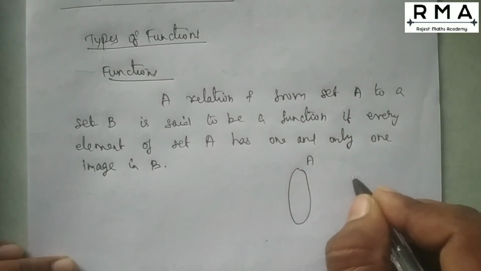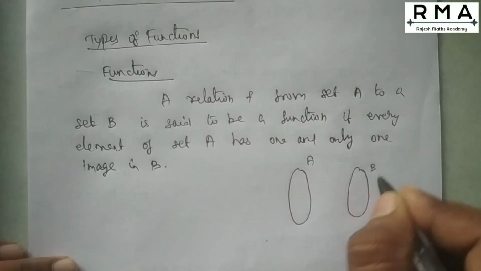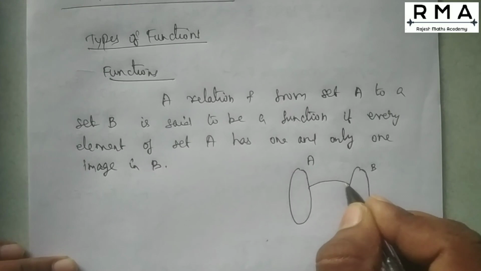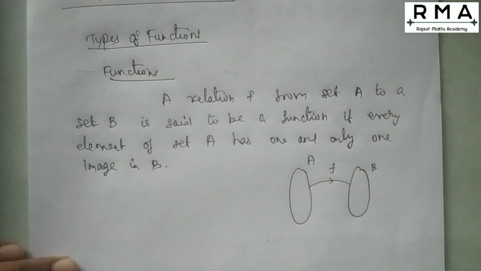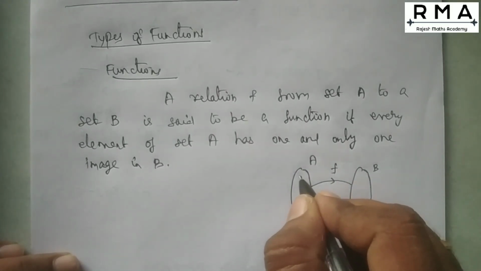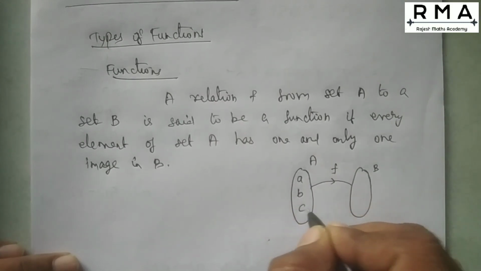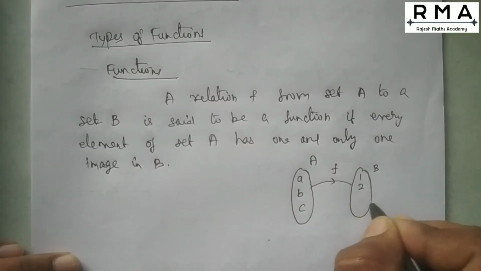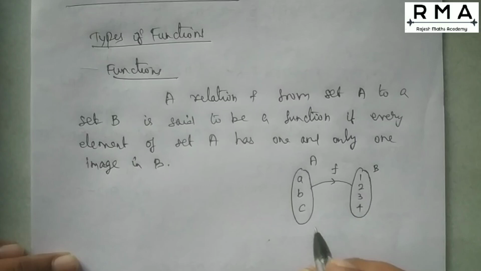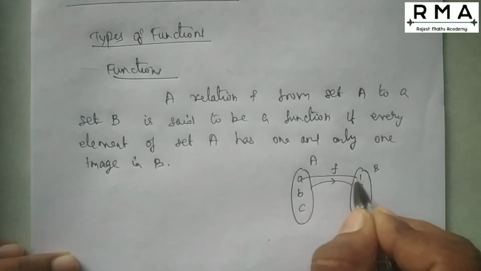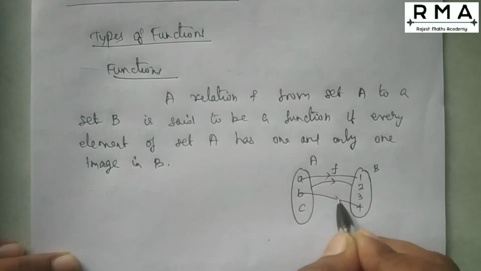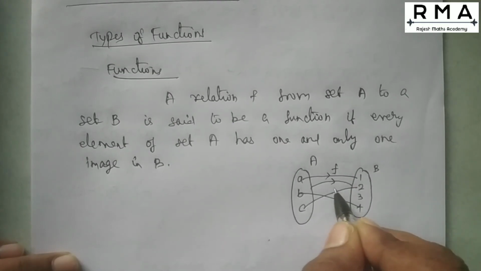I am defining a relation from A to B. This is my set A and this is my set B. That relation is f. For example, I am taking the elements a, b, c here and the elements 1, 2, 3, 4 here. a is mapped with 1, b is mapped with 4, c is mapped with 2.